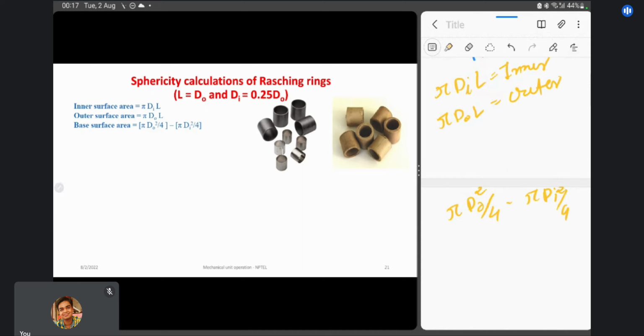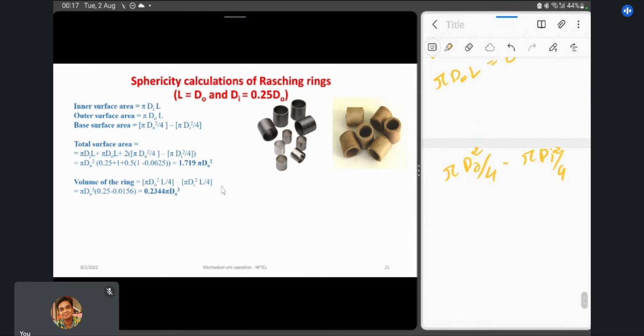Now in order to get the total surface area, we have to do the summation of all the surface areas. As you can see here, we perform the summation, and we substitute the value of do equal to L and di equal to 0.25 do, and we will get the total surface area 1.719 pi do square. Then the volume of the ring.